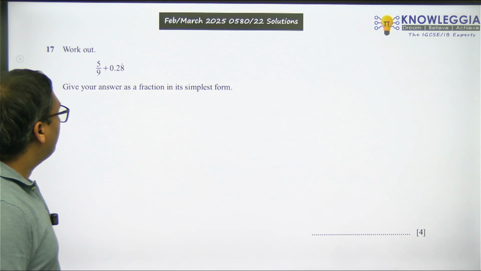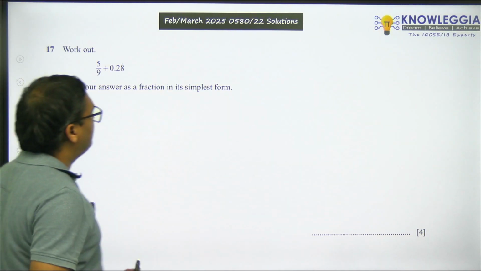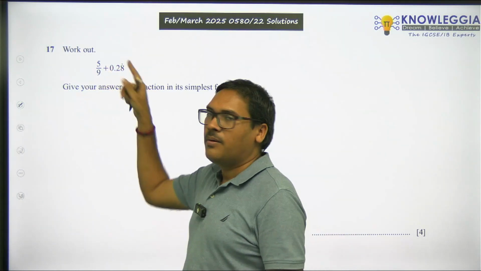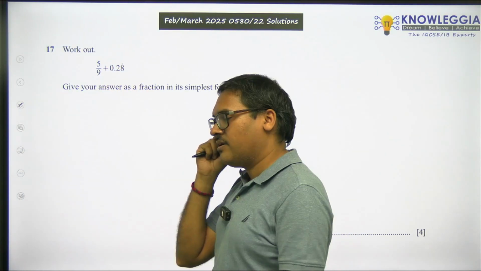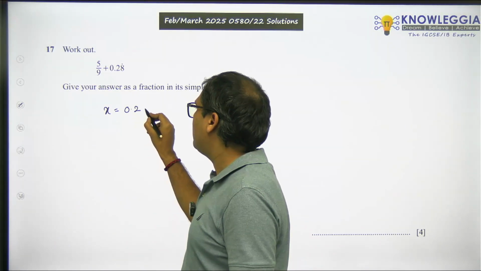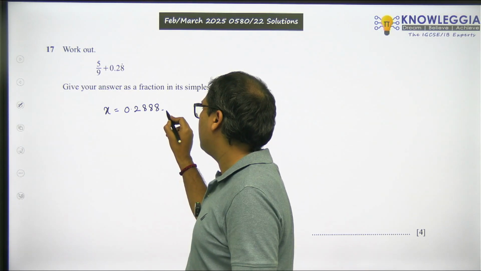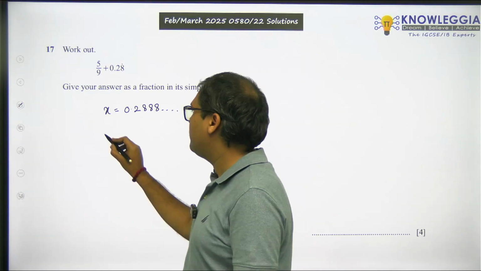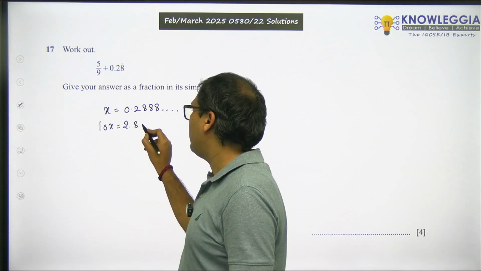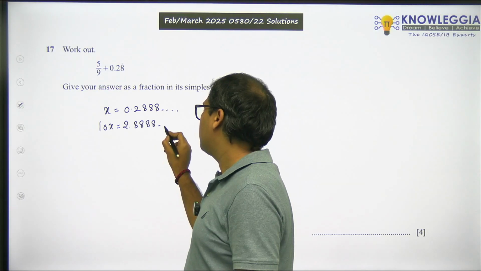Okay, now the question: work out this fraction. Again, this is a very standard question. What you have to do is convert 0.28 repeating into a fraction. So x is equal to 0.2888, and so on. If I multiply with 10, this will become 2.888, and so on.